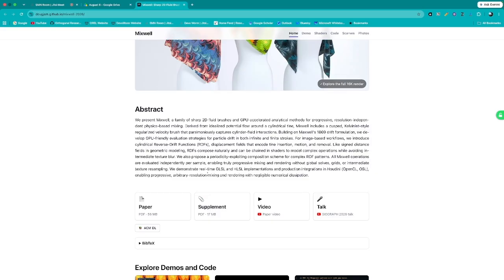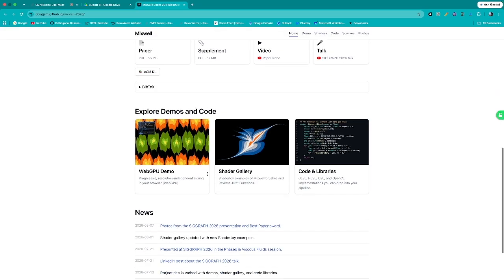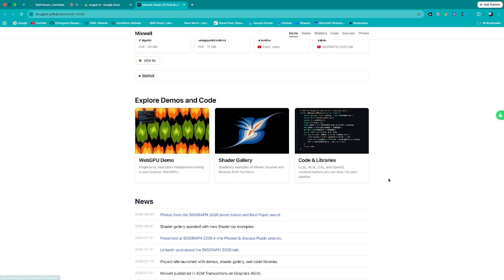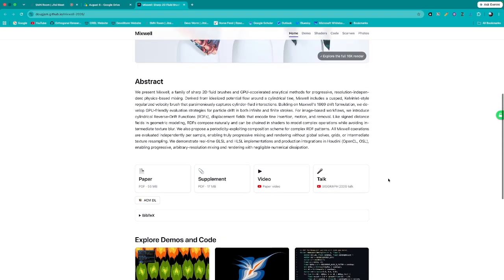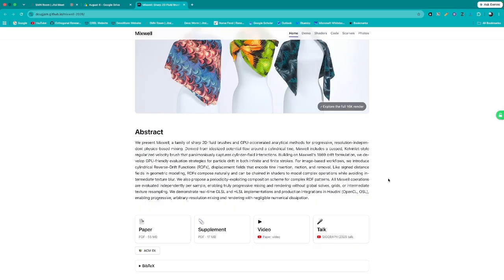So this is going to just be kind of a description, and then there's some demos here that you can explore. So the abstract reads, we present Mixwell, a family of sharp two-dimensional fluid brushes and GPU-accelerated analytical methods for progressive resolution-independent physics-based modeling, or mixing, derived from idealized potential flow around a cylindrical tine.